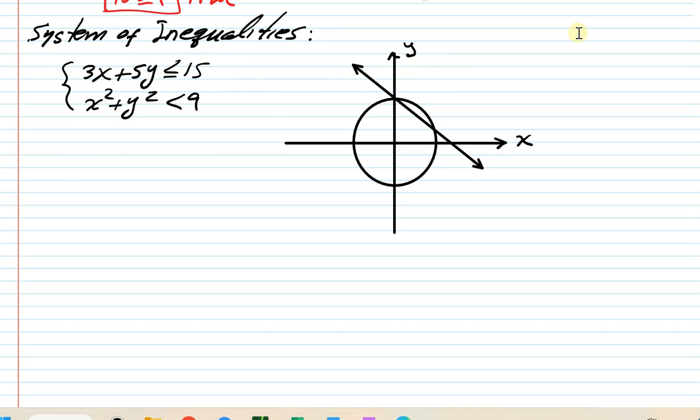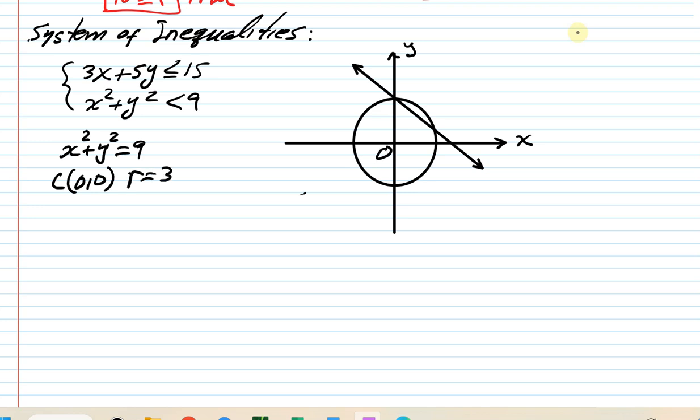All right, so here we have the graph of the system, and I'll show you again how I did this. The x squared plus y squared equals 9. Remember, we always start by assuming that these are equalities. This one we recognize again as a circle whose center is 0, 0, and the radius is 3.